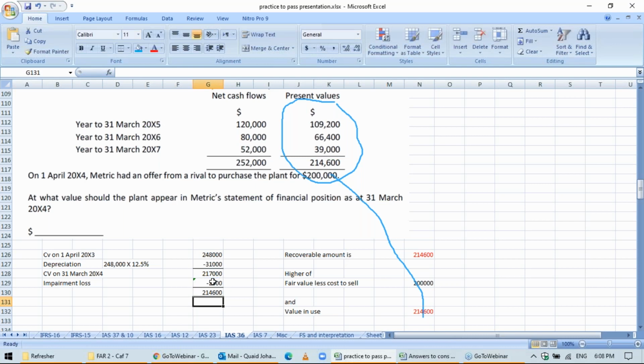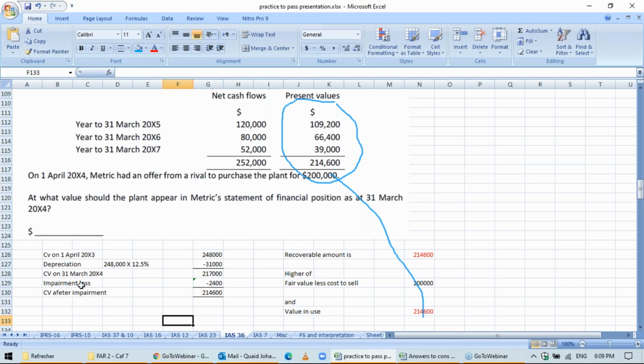So earlier the asset was overstated at 217,000. So we bring the carrying value down to 214,600. So whenever the carrying value exceeds the recoverable amount, we will bring the carrying value down. Now this gives you the carrying value after impairment, with the impairment loss to be reported in the profit and loss account.